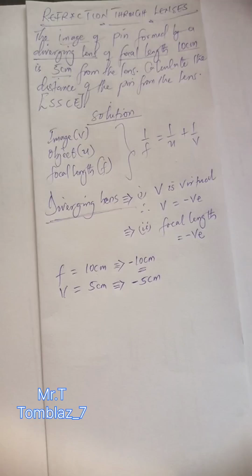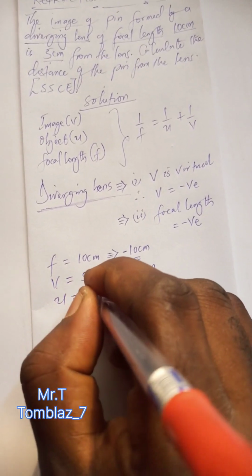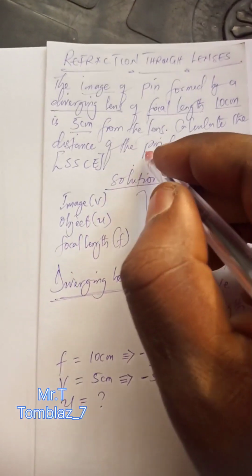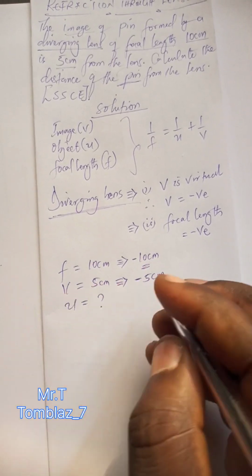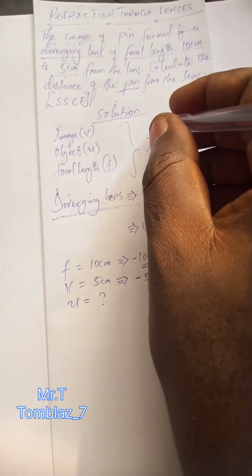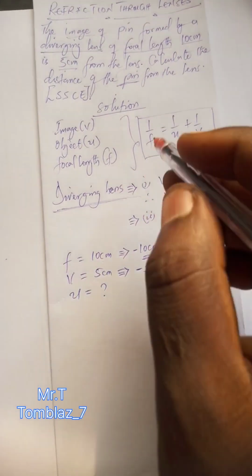Remember our explanation here. So what we are looking for is U, because they say we should calculate the distance of the pin, and that pin is the object. So now let's substitute these values into this equation.